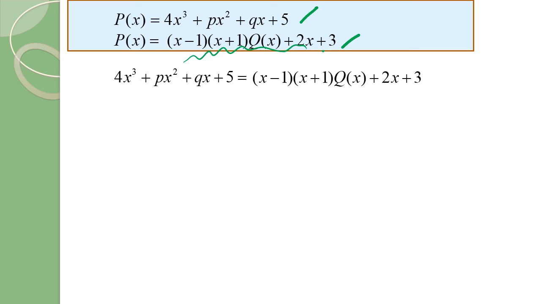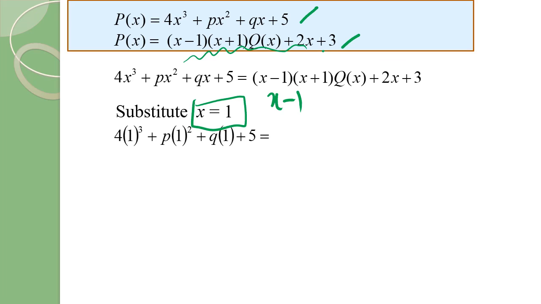Okay. So what we can do is substitute x equal to 1 into this equation, because x equal to 1 is when the factor is x minus 1. On the left side we have 4 times 1 cubed plus p times 1 squared plus q times 1 plus 5, and the right side, 1 minus 1 is multiplied by 1 plus 1 multiplied by Q(x), plus 2x plus 3, where x is also replaced by 1.